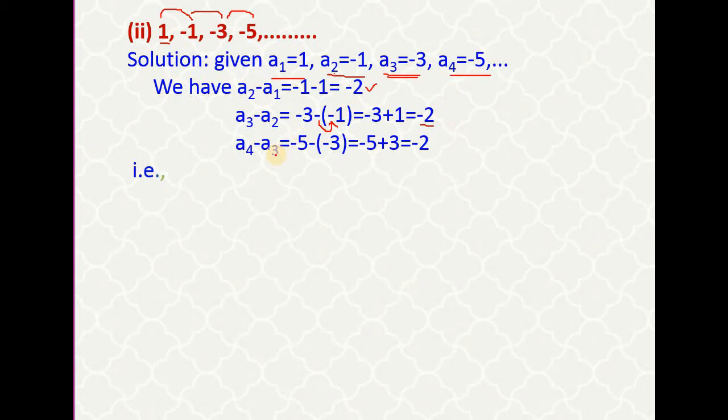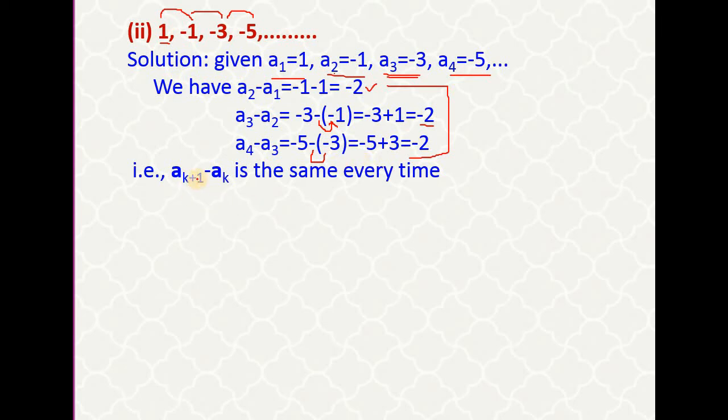Similarly, A4 minus A3 is equal to minus 5 minus of minus 3. Multiplying the signs, minus 5 plus 3 is equal to minus 2. So if you observe, the common difference is the same every time.